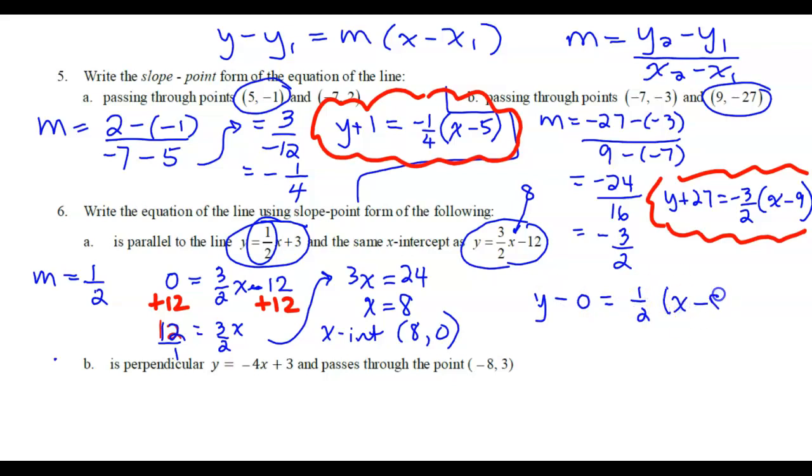Now, y minus 0 is just y. So you didn't actually have to do that. You can just go y equals 1/2 bracket x minus 8. Okay. But that's considered slope point form because it's got brackets. You don't have to expand it out. I didn't ask for it in slope y-intercept form.